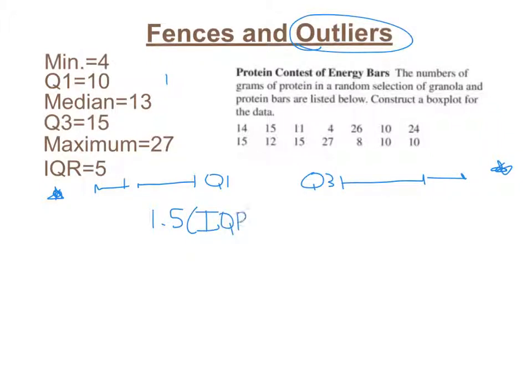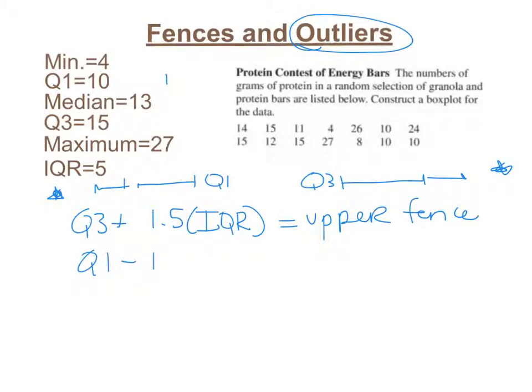Anything that is more than Q3 plus 1.5 IQR, that's the upper fence. Anything less than Q1 minus 1.5 IQR, that is the lower fence. There we go.